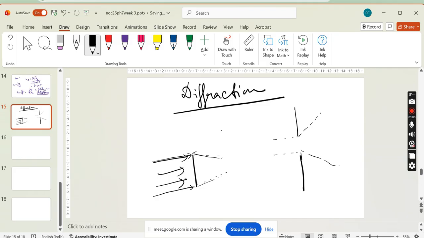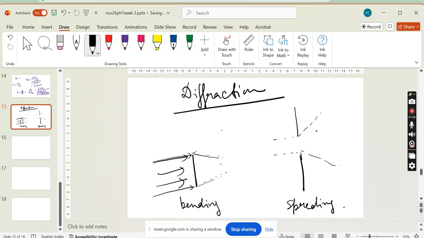So the diffraction of light is the process of its bending or spreading out upon passing through an aperture or interacting with an obstacle. This is bending, this is spreading.